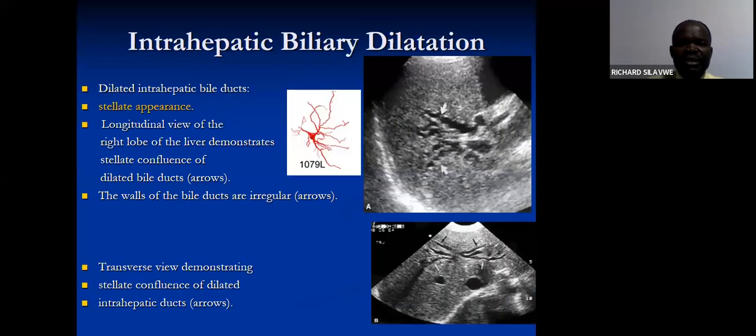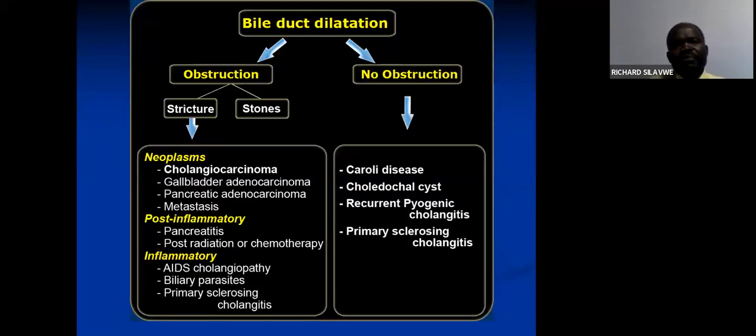This one here is just a schematic picture, but the real sonograms are there, showing us the dilated biliary duct. Here there is a simple illustration: if you want to look at the obstruction, there are two categories, obstruction and non-obstruction.